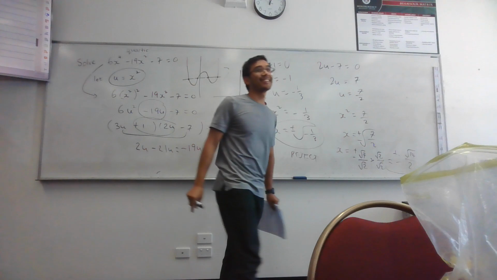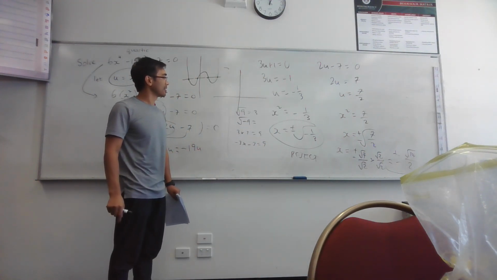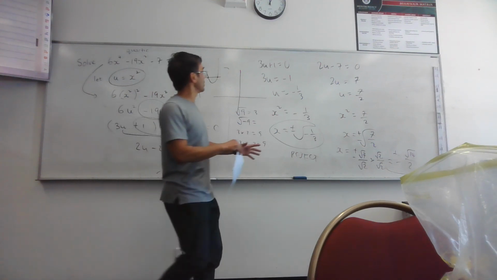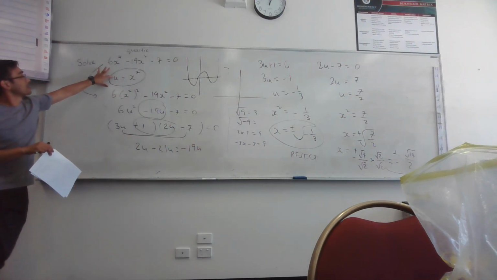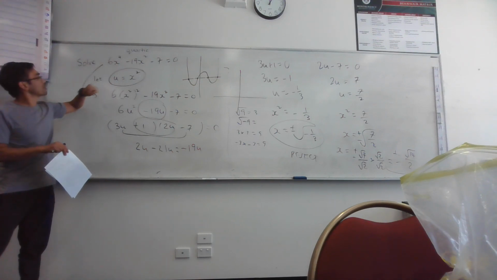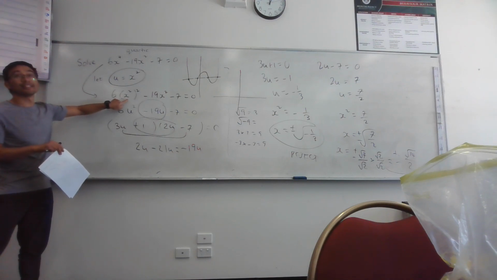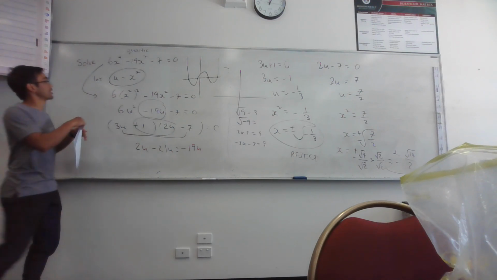Good. Amrita? On the 6x squared, where? Oh, here. 2 and 2 and 4. What was the other 2?